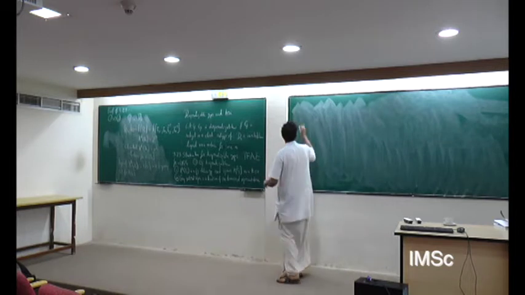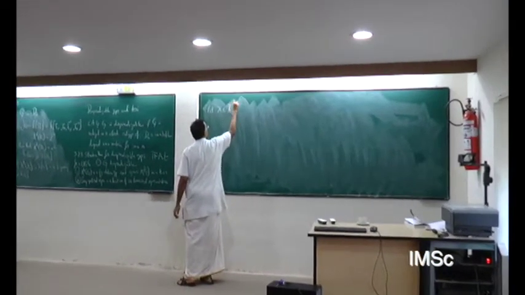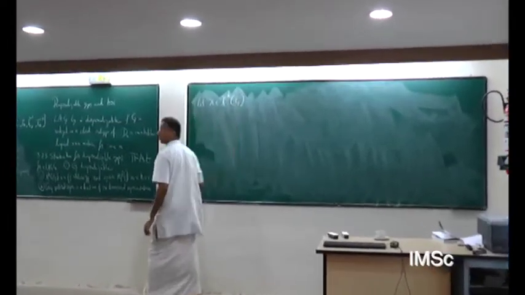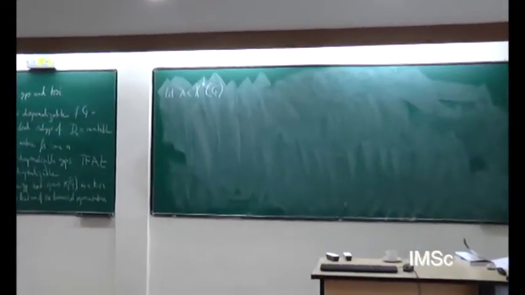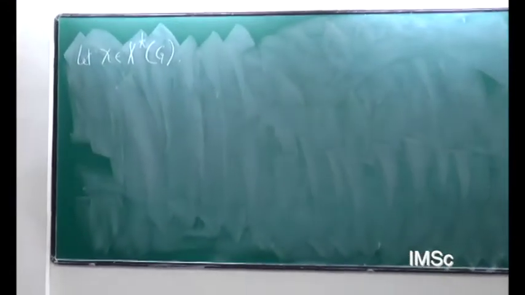Okay, so let chi be in X star of G. What does this say? The image of X star Dn is a K-spanning set for K[G].